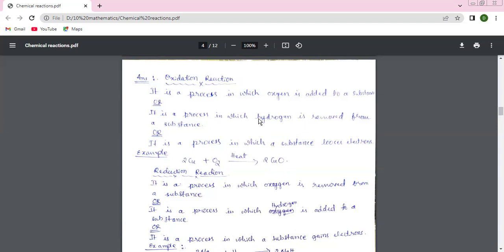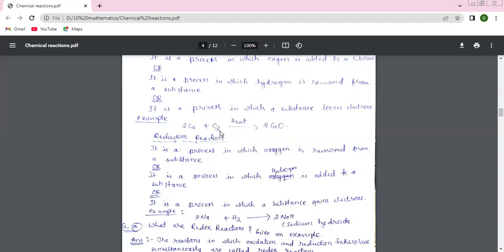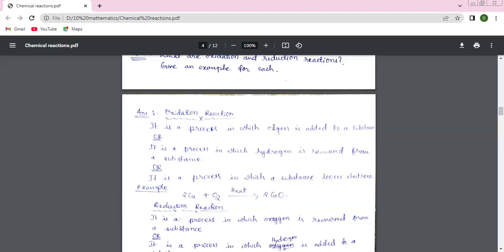It is a process where oxygen is added to the copper to make copper oxide, and hence it is called the oxidation process.